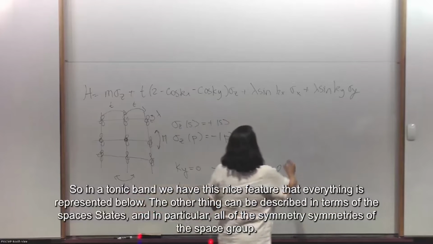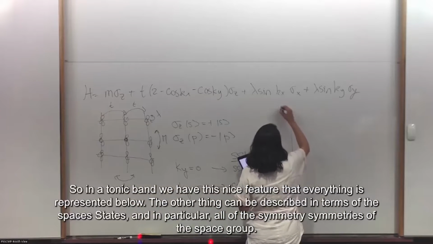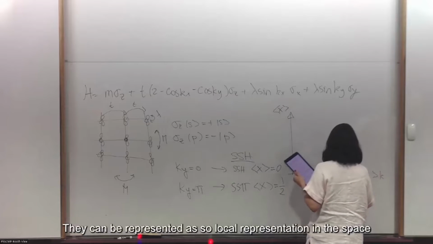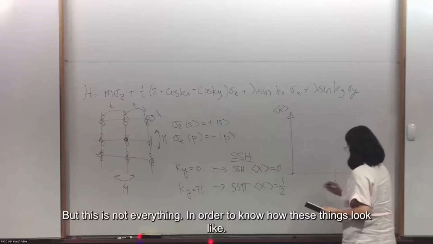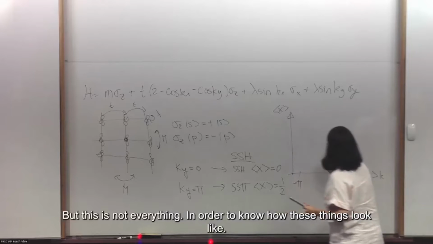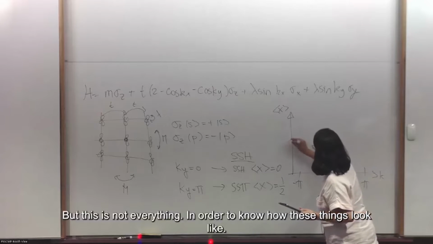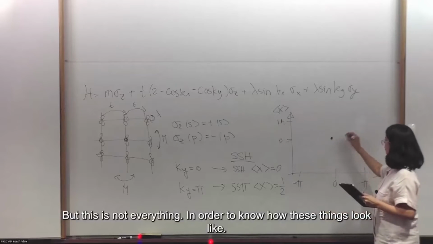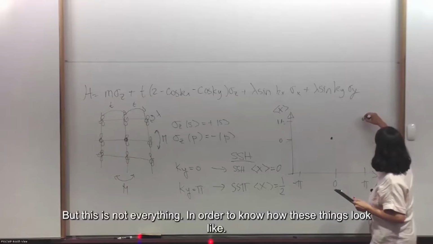So if I'm going to plot here the expectation value of the position with respect to k, I would have 0 at 0, and at pi I would have 1/2.